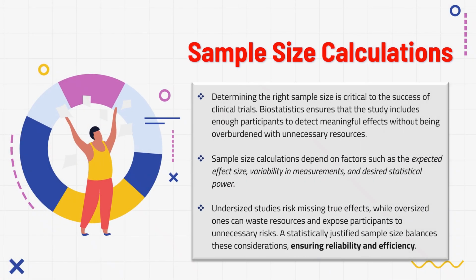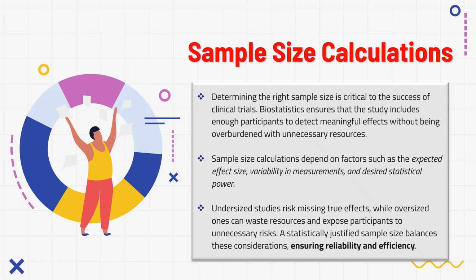The next aspect where biostatistics plays a significant role is sample size calculation. As you know, whenever we conduct a clinical trial, it is very important to know what the right sample size is to produce results which are clinically valid. How do we define that?